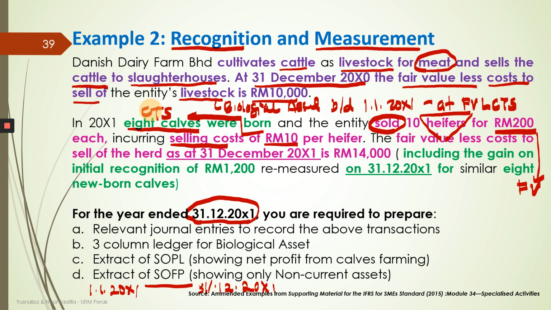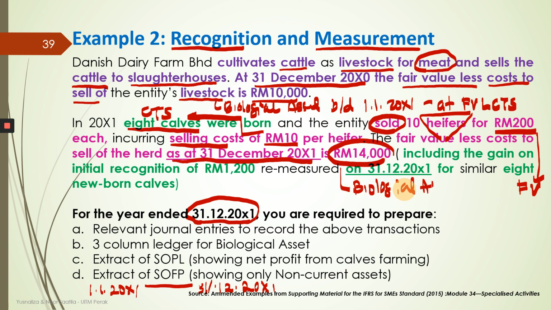You should understand the concept of fair value less cost to sell. Again, you are informed that the fair value less cost to sell as at 31st of December 20x1 is 14,000.